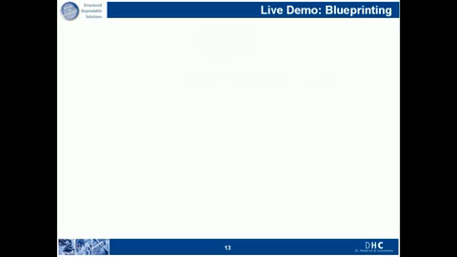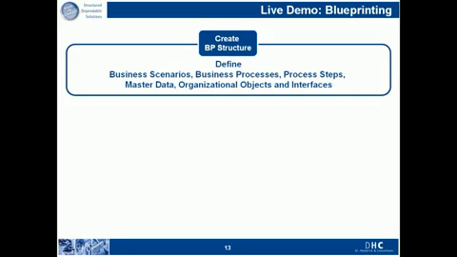Now, the purpose of the business blueprint phase is to define the target state of the solution. For each project that you have created, you have the possibility to define a business process structure. This enables the blueprinting, configuration, testing and training activities to be linked directly to business scenarios, business processes or process steps.